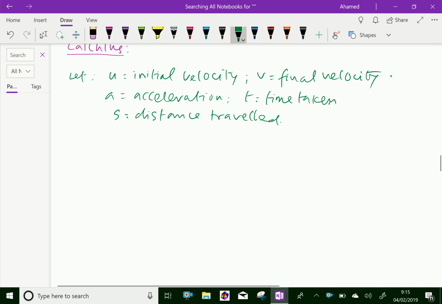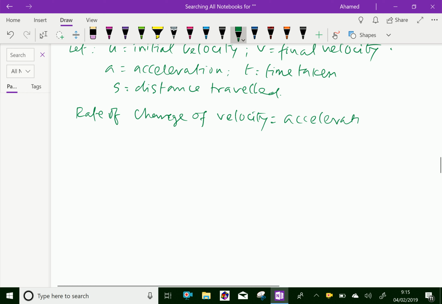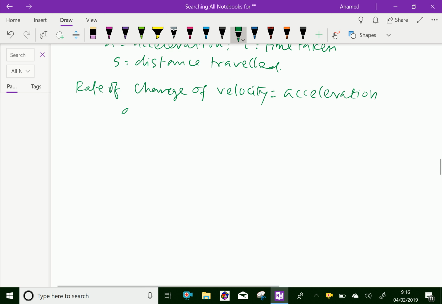Now we'll derive the equation by using integration. We know that rate of change of velocity equal acceleration. Therefore we can write rate of change of velocity as dv by dt, which is equal a.